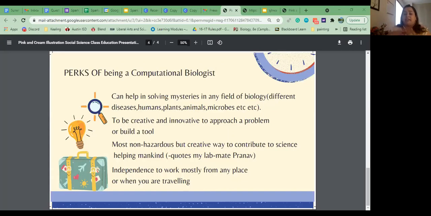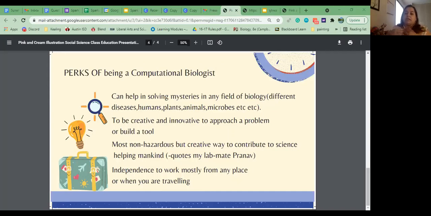Another thing I felt over all these years of working in computational biology is that you have a lot of independence to work from almost any place. I've traveled to different places and even done my research sitting on the beach. So you have that kind of independence, especially even during the COVID pandemic.